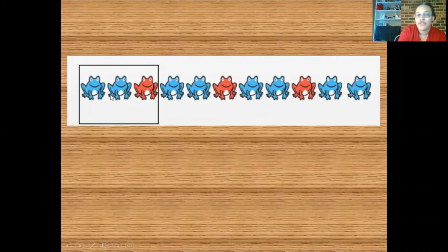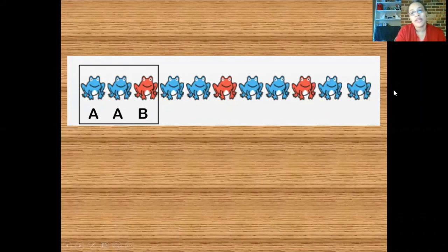We have two of the same of the first part and then one different. So A, A, you got it. It's an AAB pattern and it repeats. AAB, AAB, AA.